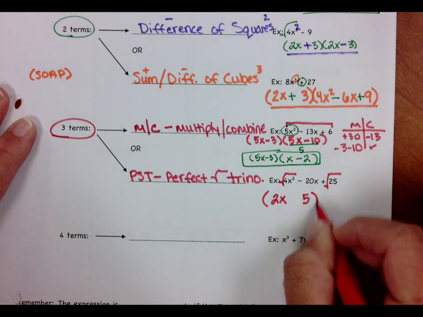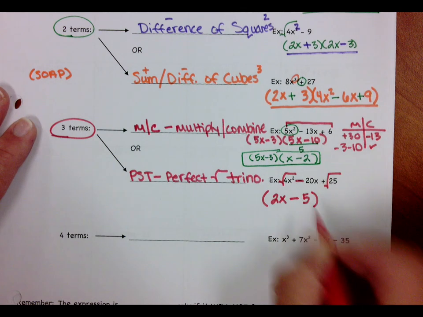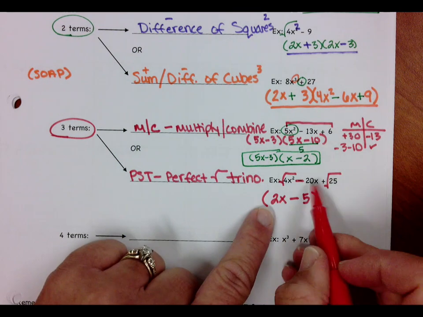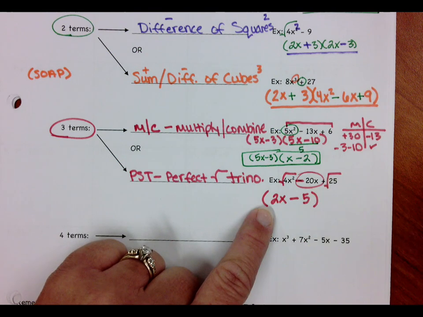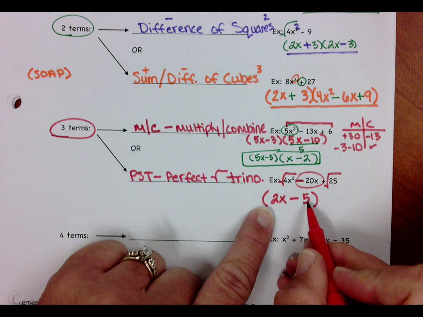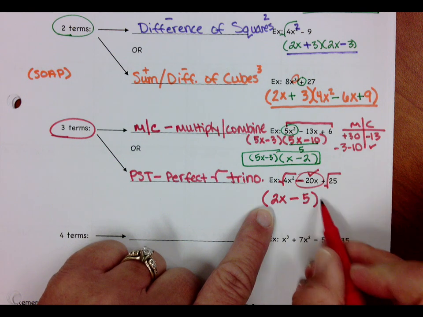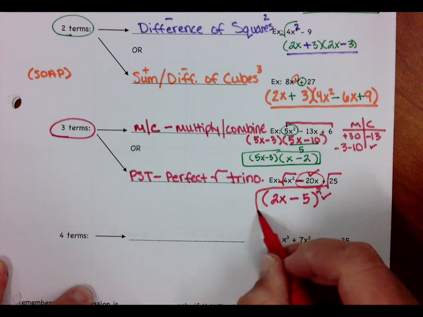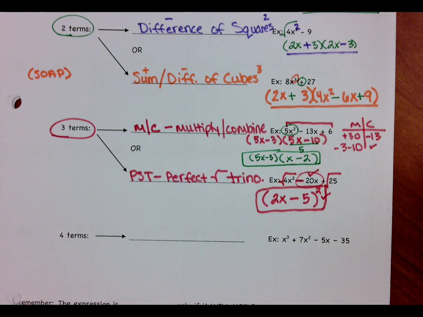And then I would put parentheses, and whatever this sign is drops down, and that is times itself. So the check is this guy. The important part is this guy. 2 times negative 5 is negative 10, and that doubled is negative 20. So it checks out. So then you put a squared, and you're done. So the final answer for this one is 2x minus 5 squared, or times itself.